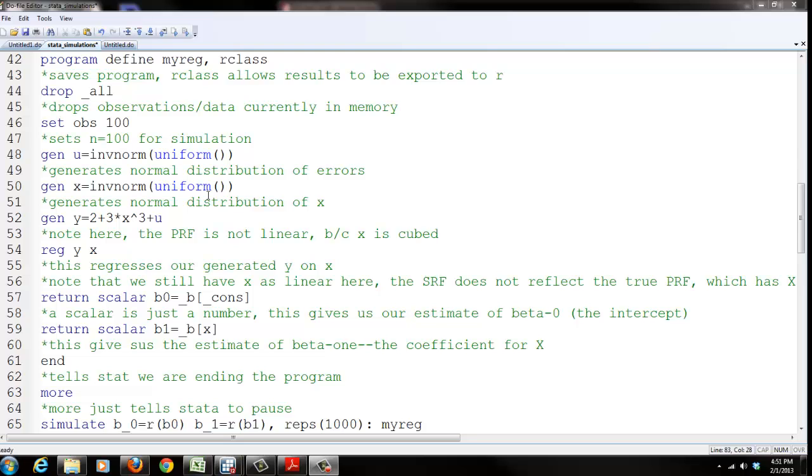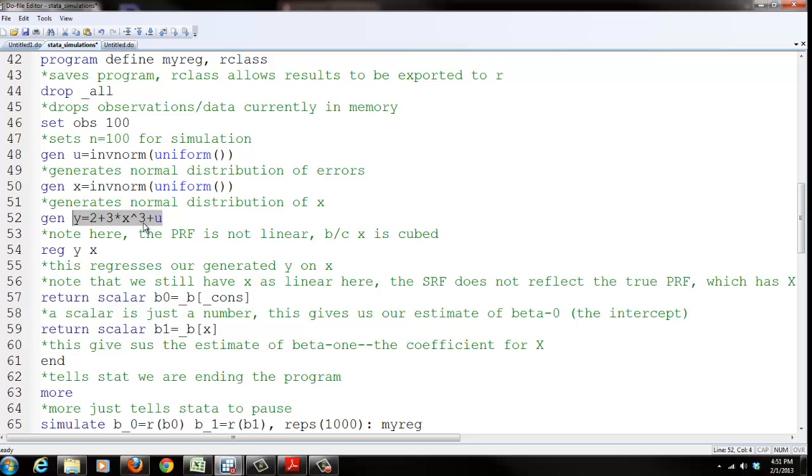The first one I'm going to deal with is a specification error. Suppose that, in fact, the population regression model does not describe y equals a constant term plus x, but y equals a constant term plus x cubed. This is still a linear model because remember that the assumption is that the model is linear in its parameters.